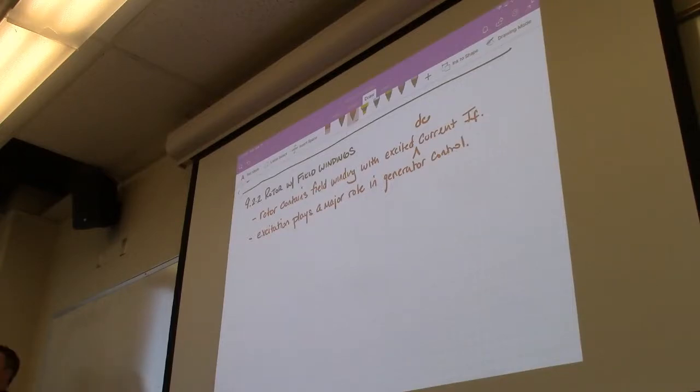Does anybody remember from last time where, or what aspect of the generator's operation, the excitation has the greatest effect on? So we saw that there were two main relationships. To control the amount of real power that's being generated, that's more closely related to what?